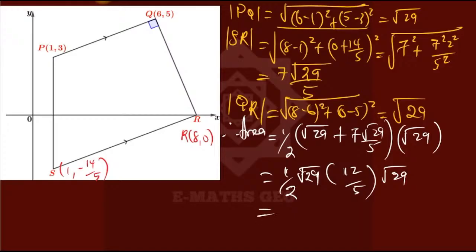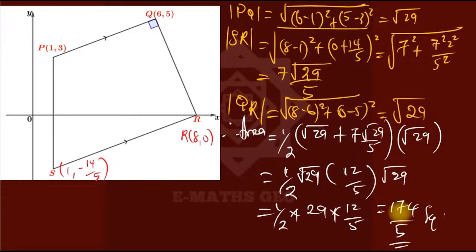So I have half times square root of 29 times 12 over 5, which is equal to 6. So 6 times 29 is 174 over 5. So that's it, square units. So that's the area of this trapezoid.